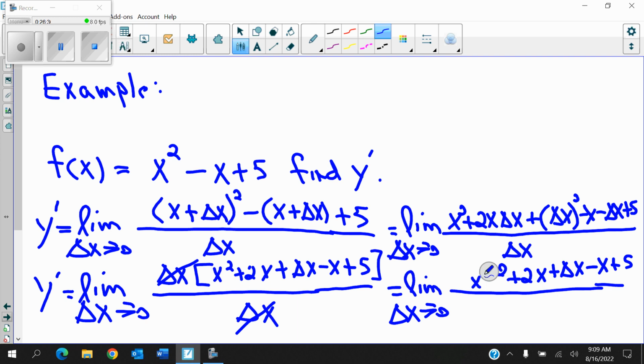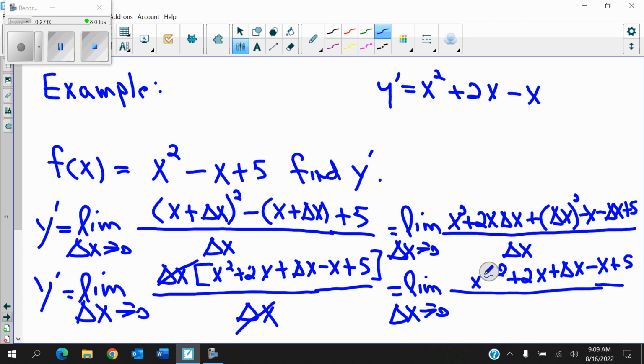So the question becomes, what happens to the numerator as delta x approaches 0? Well, y prime equals x squared plus 2x. Is that right? I think we got that right. This is a 0, right?